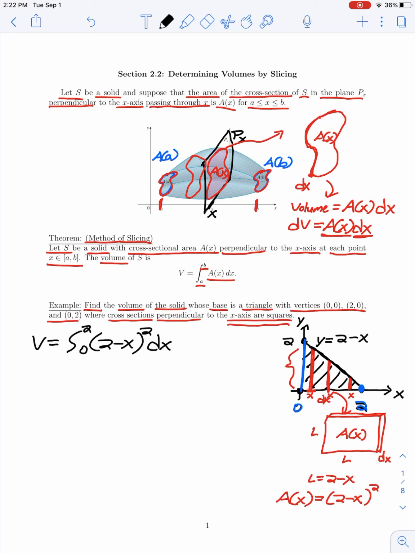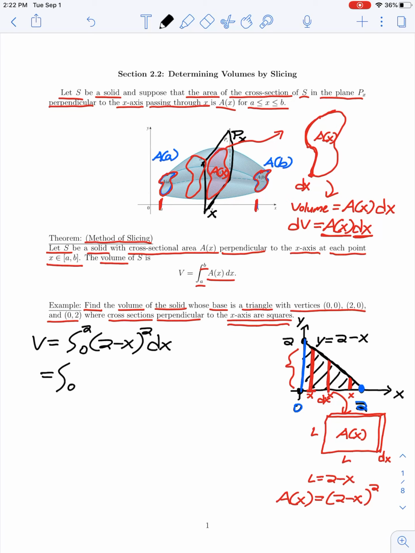Now there's a couple of ways I could go about evaluating this integral. One approach would be to expand this and then integrate each term and substitute in. We could also make use of a u substitution, since our integral involves a composite function. Either approach you prefer.